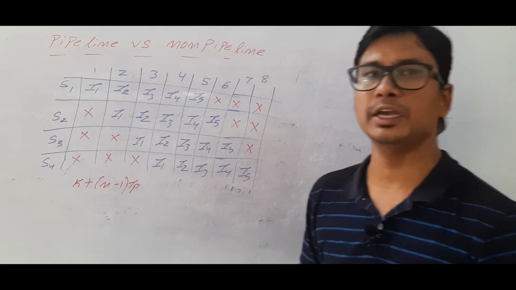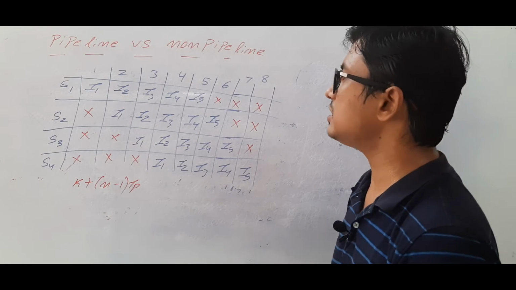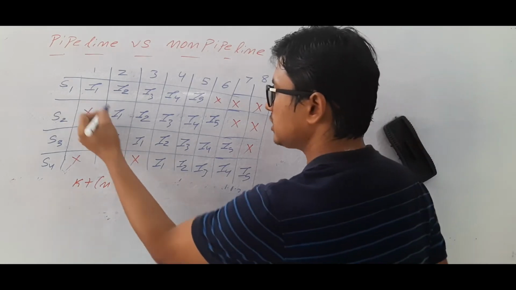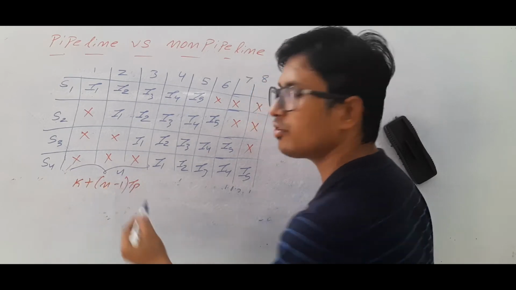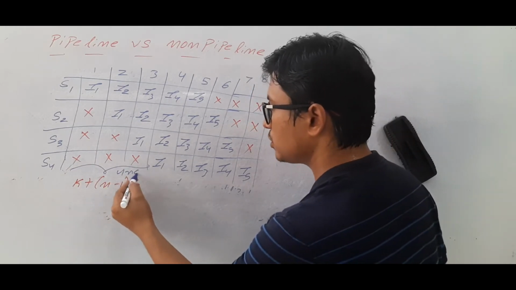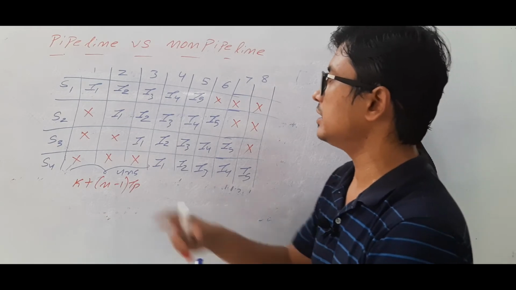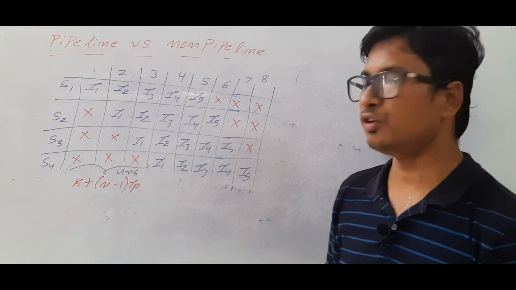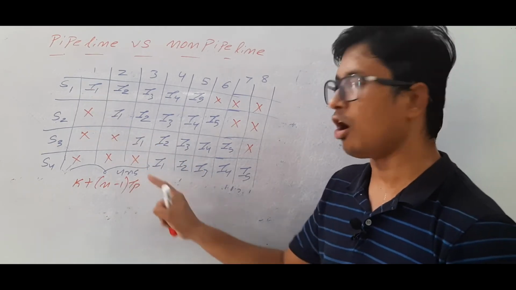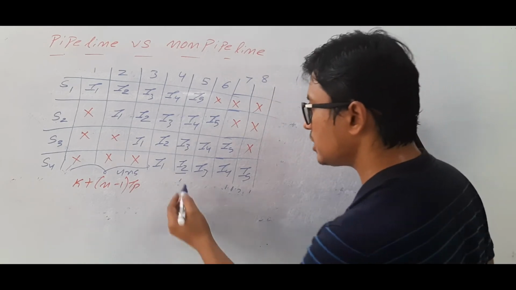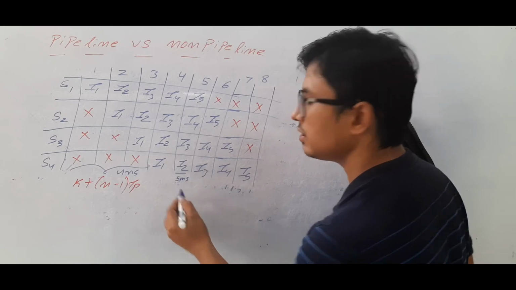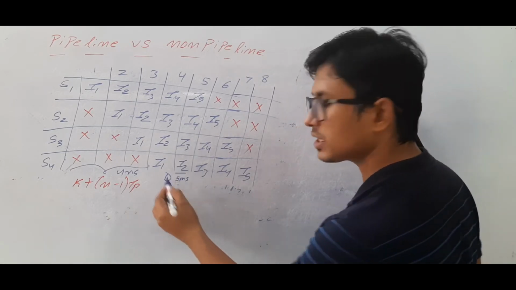How this formula came, let me discuss. If you see here, instruction 1 has taken 4 cycles or 4 nanoseconds to execute. Am I right or wrong? Instruction 1 has taken 4 nanoseconds to perform its operation. Now, instruction 2 has executed in the 5th nanosecond, meaning it has taken only 1 nanosecond extra.